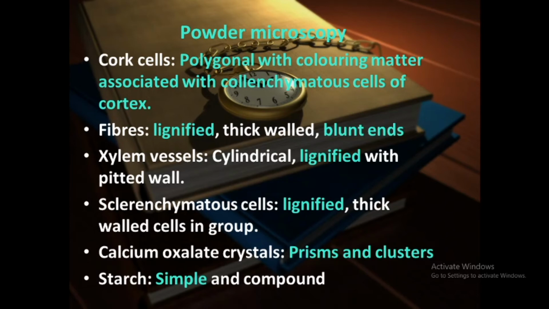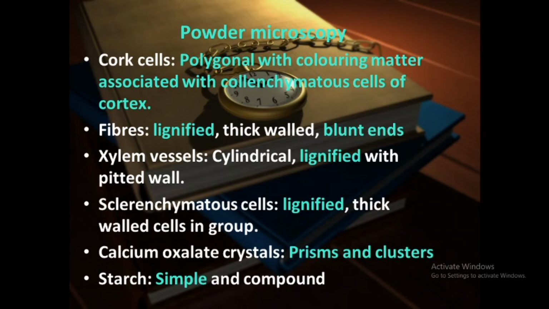The xylem vessels are lignified cylindrical xylem vessels. Then it shows the presence of sclerenchymatous cells. These are lignified thick wall sclerenchymatous cells, generally appearing in groups. Calcium oxalate crystals are present in pericycle as well as in cortex of the Tinospora.